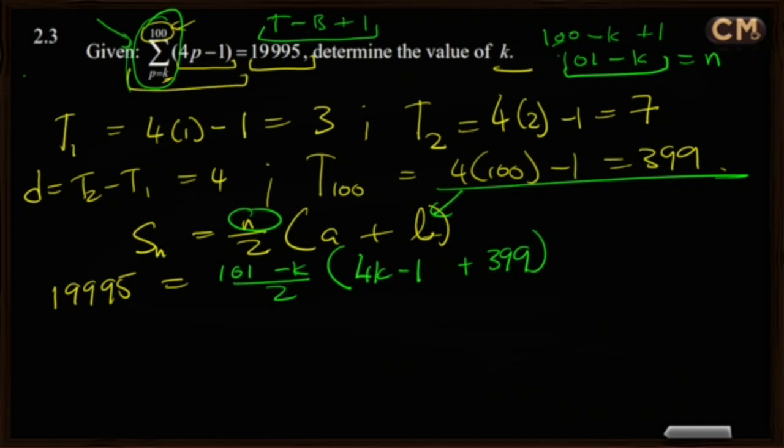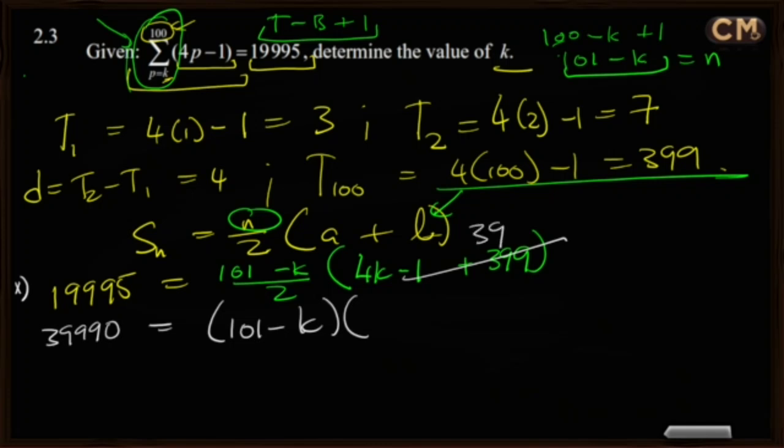So we're going to multiply everything in this equation by 2, giving us 39,990 on the left. And then on the right we'll have 101 minus k, multiplied by, if we do that addition, 398. So we'll have 4k plus 398.